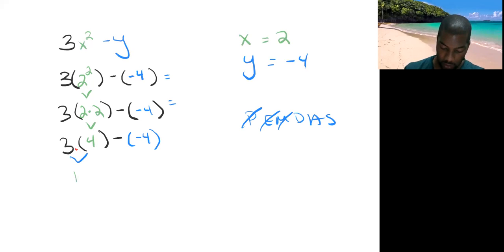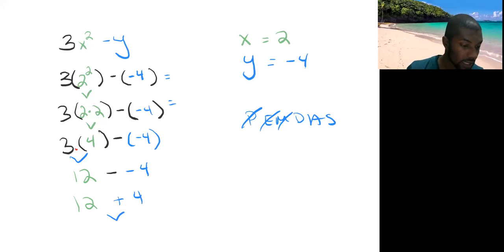So I've got 12 here. 12 minus -4. I've got another double negative, right? So a double negative becomes a positive. So it's 12 plus 4. And 12 plus 4 is 16.